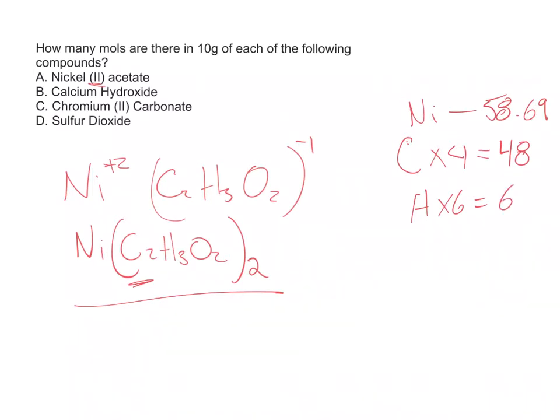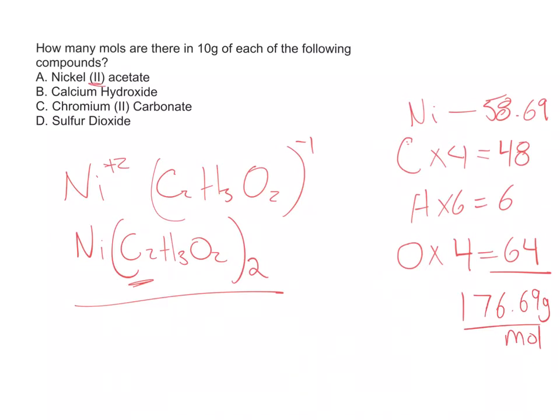And then we have 4 oxygens, and each oxygen is 16, so 16 times 4 is 64. And then we're going to add up all of those numbers to get our total mass. So our total mass is 176.69 grams per mole.